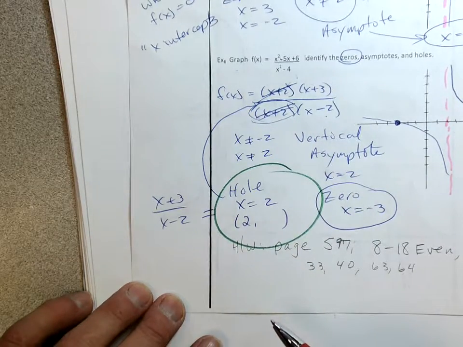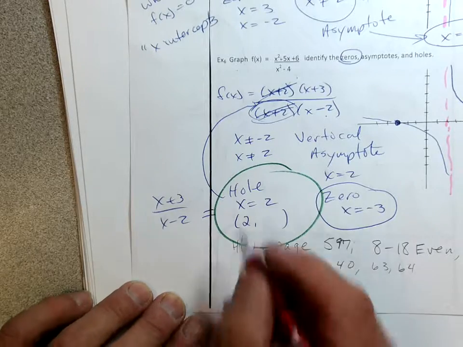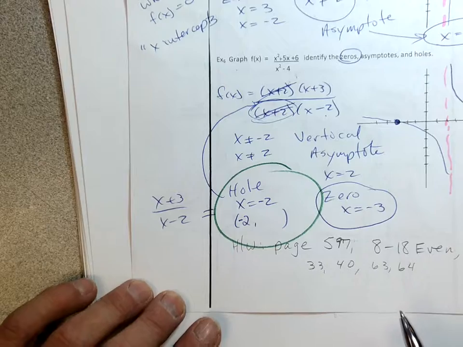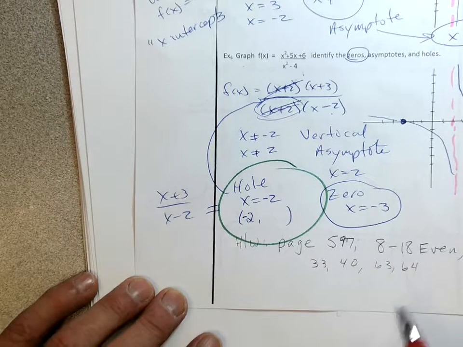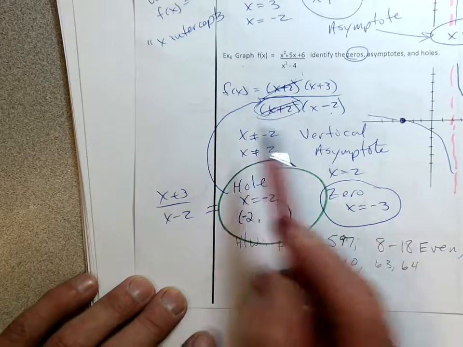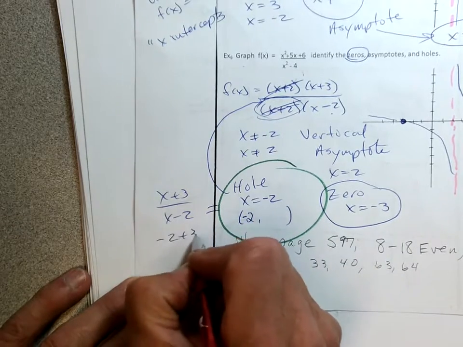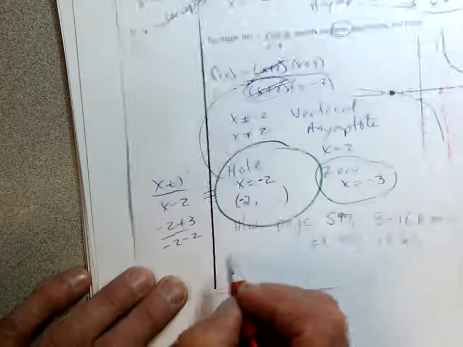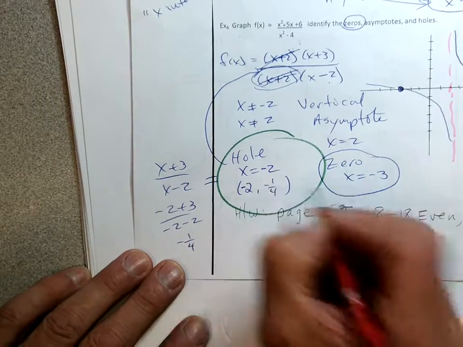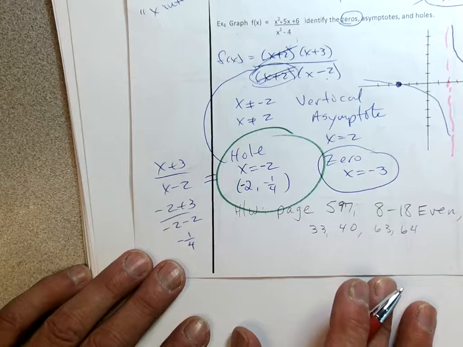Oh, negative 2. How did I miss that? It's Monday. Negative 2. You agree, negative 2? So I'd get negative 2 plus 3 over negative 2 minus 2, which will give me negative 1/4. And that's the coordinate of a hole.